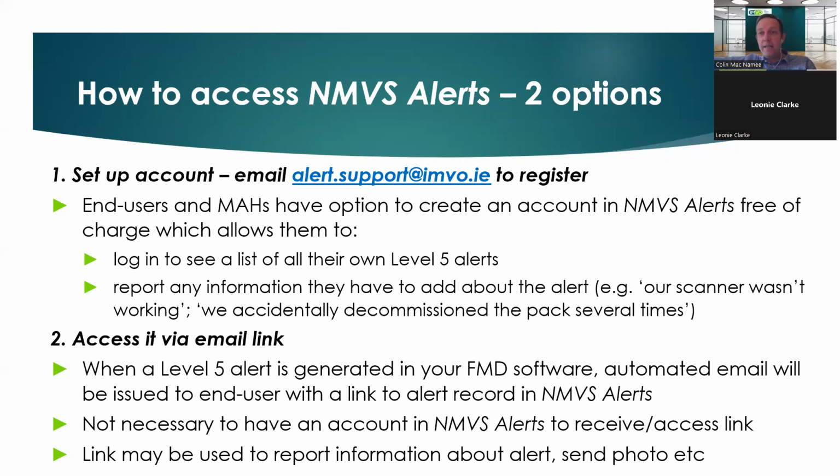Or alternatively, and as we mentioned, within a couple of minutes of an alert, users get an email, and when a level 5 alert is generated in your FMD software, that automated email will be issued to the end user with a link directly into that alert. So it's not necessary to have an account in NMVS alerts to receive or access the link. And again, that link can be used to report information about the alert, send a photograph or something, or any other information that is requested.